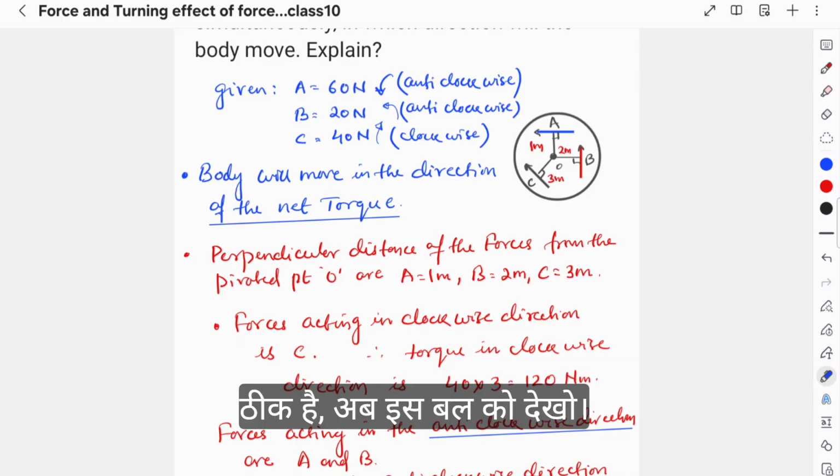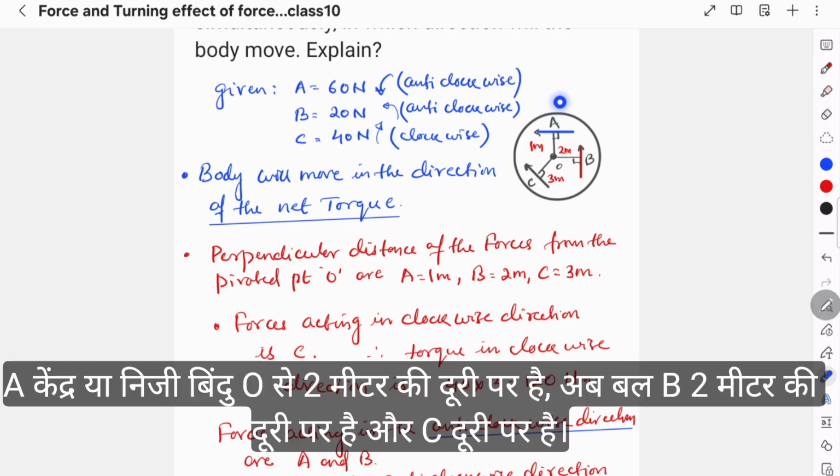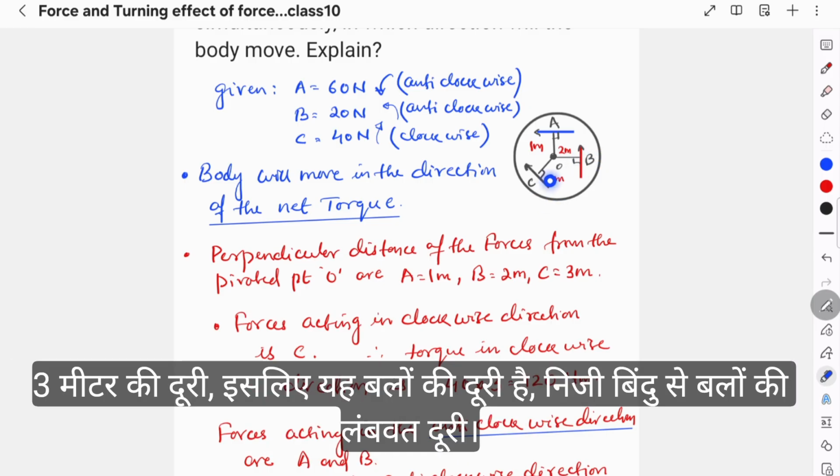Okay, now see, this force A is at a distance of 2 meters from the center or the pivot point O. Now this force B is at a distance of 2 meters and C is at a distance of 3 meters. So this is the distance of the forces, the perpendicular distance of the forces from the pivot point.